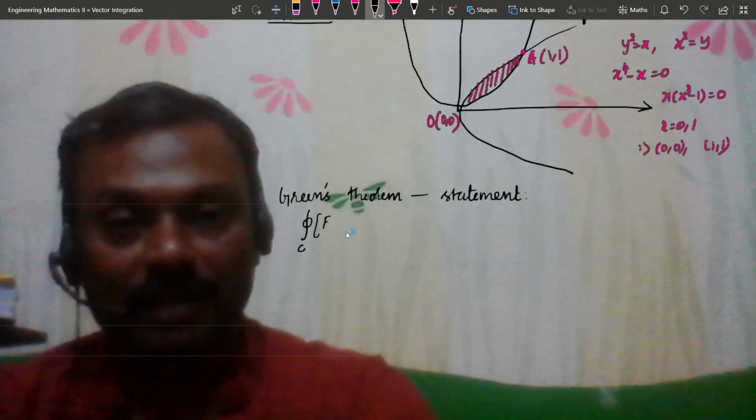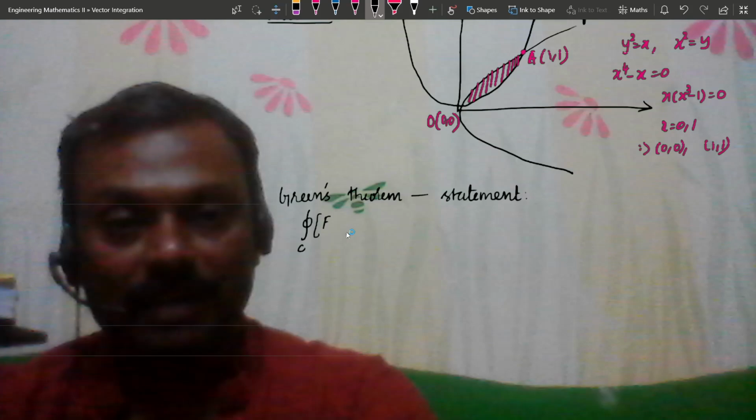If R is a connected closed region, that is, a domain, and f1 and f2 are continuous, and the partial derivatives ∂f2/∂x and ∂f1/∂y are also continuous in the domain that contains the region R, then we have the integral over C of f1(x, y) dx plus f2(x, y) dy equal to the double integral of (∂f2/∂x minus ∂f1/∂y) dx dy.